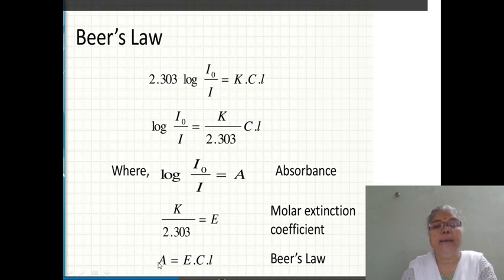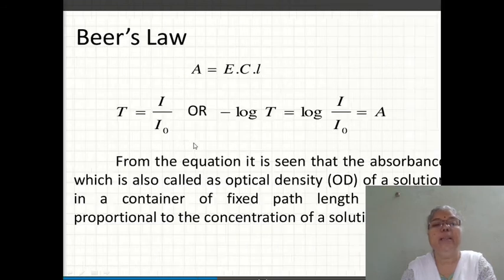In the case of Beer's law, absorbance A is equal to epsilon C into L.